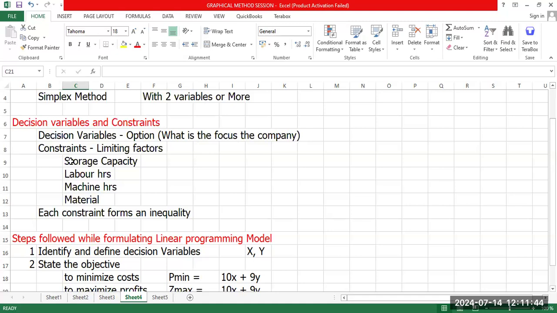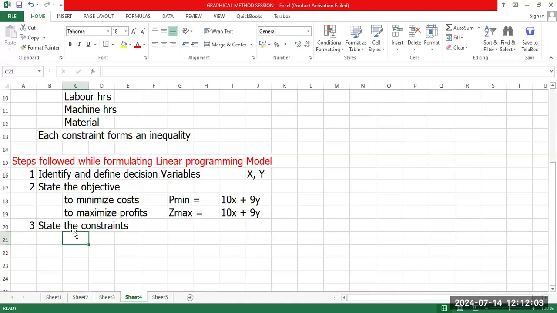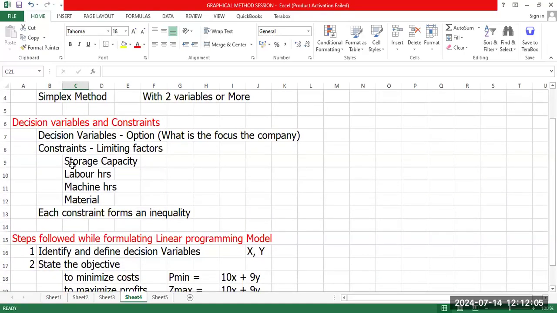And I said these are some of the constraints that you may be dealing with in the question, and others depending on how they have phrased the question. But as I said here, when you're stating your objective, each constraint is going to help you to formulate an equation.